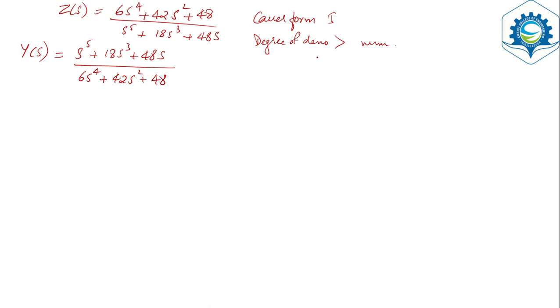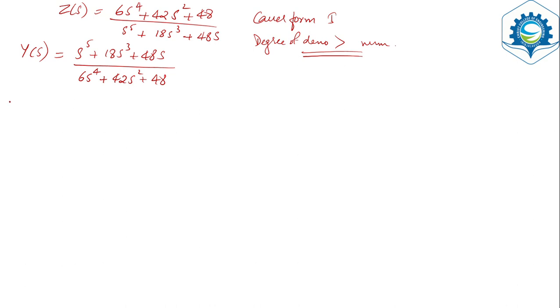Now, one thing that you have to note is that whenever the degree of the denominator is greater than that of the numerator, there will be a change in the figure also. I'll come to that after we complete the continued division. Now, you can carry out the continued division as usual.